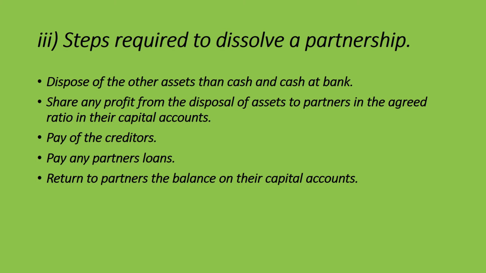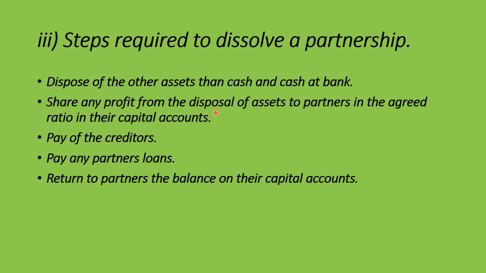Steps required to dissolve a partnership. These are the order in which it may go. First, you dispose of the other assets, then cash and bank. You share any profit from the disposal of the assets to partners in the agreed ratio in their capital accounts.